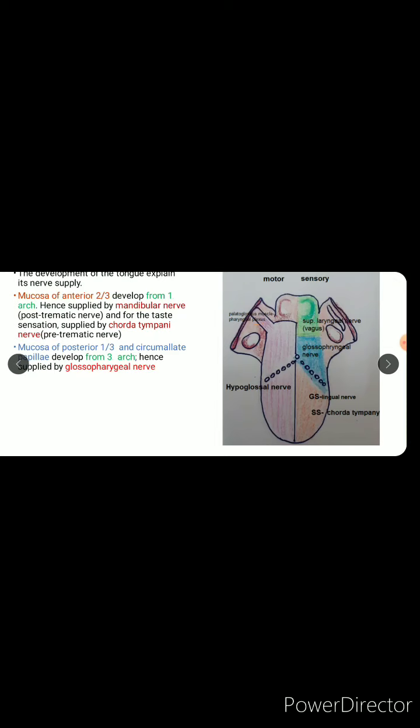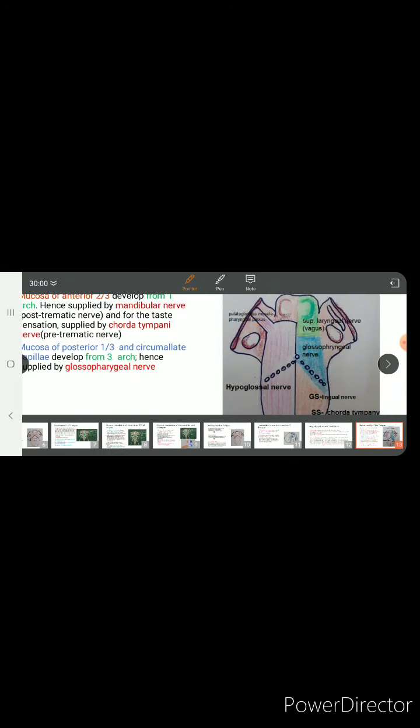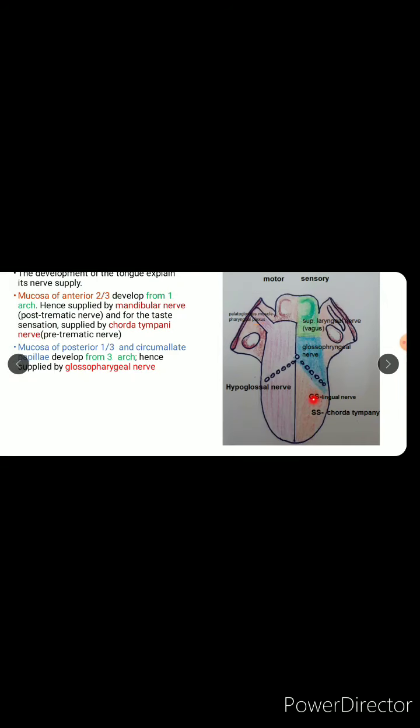Now, the general sensation from the anterior 2/3 of the tongue is carried by the lingual nerve, a branch of the mandibular nerve, while the taste sensation is carried by the chorda tympani branch of the facial nerve.